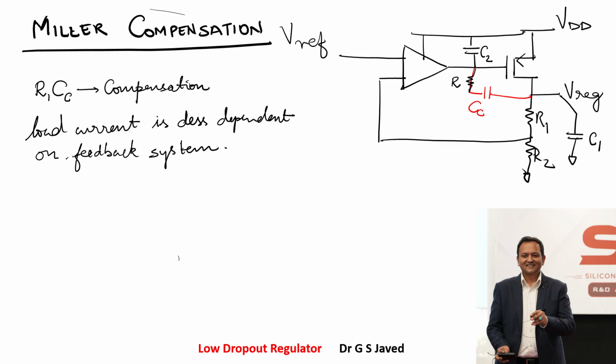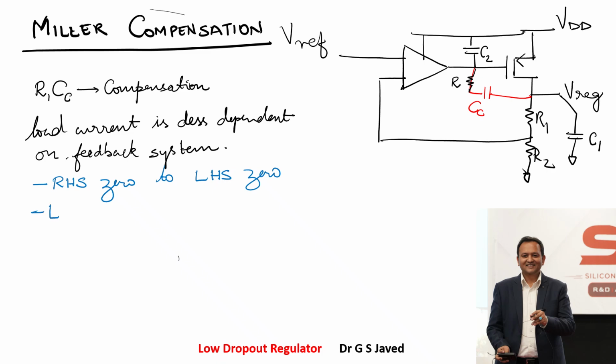Now, what are the other advantages of the nulling resistor? The nulling resistor has a very important benefit. It converts the right hand side 0 to a left hand side 0. Right? The right hand side 0 becomes a left hand side 0.